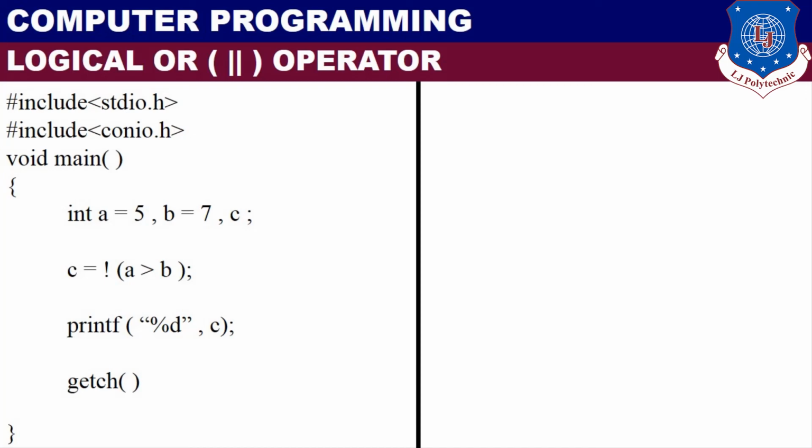The expression of the NOT operator is c equals logical NOT operator, that is the exclamation mark, in brackets a greater than b. So here a equals 5 and b equals 7. We know that a is not greater than b, so the answer will be 0. But in the NOT operator, we know that it converts the answer in reverse. If your answer is 0, it will convert into 1. So our answer will be 1. So we print that statement, printf %d, c. So our output will be 1.